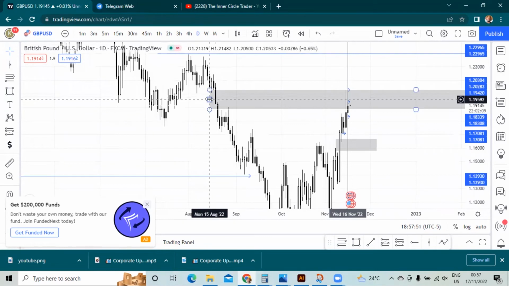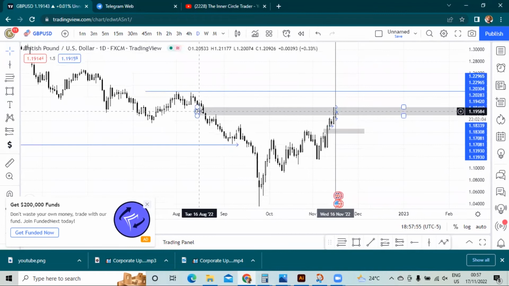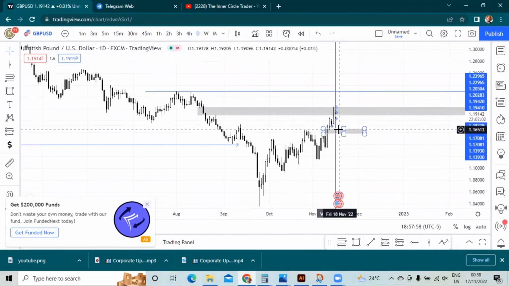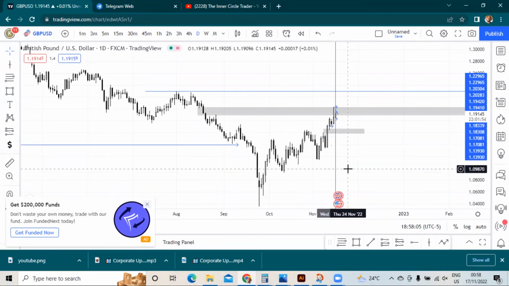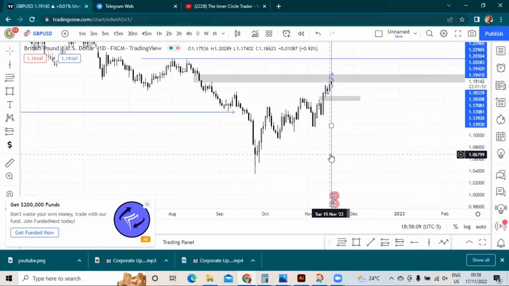And this fair value gap is a weekly fair value gap, we are right here tapped in, right? This big box, we're coming from the weekly time frame. This one here is a daily fair value gap. There's also an order block here and some relatively equal lows. And even this is a very huge sell side liquidity.